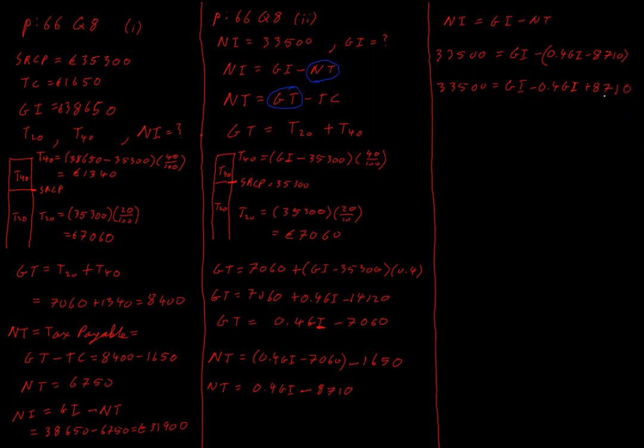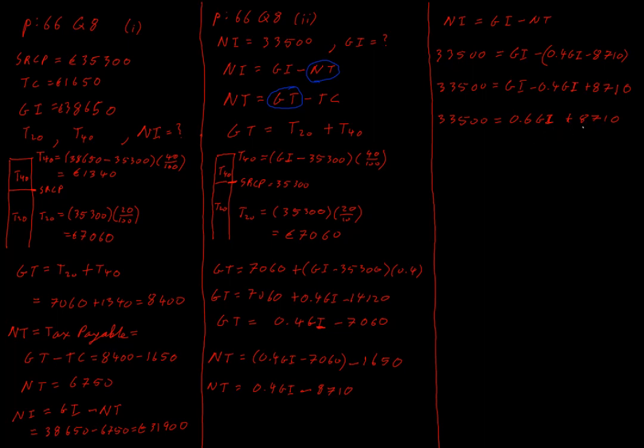Now this is just a little bit of algebra. My GI is essentially just an X, and you can write in X here if you feel more comfortable with it that way. So I have 1 GI minus 0.4 GI, so I end up with 0.6 times my gross income plus 8,710.